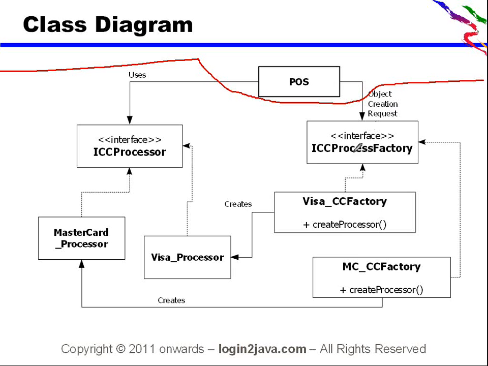So it will send that request. So again, see, this is an interface, interface credit card process factory. This interface will give the factory instance for either Visa credit card or for MasterCard.